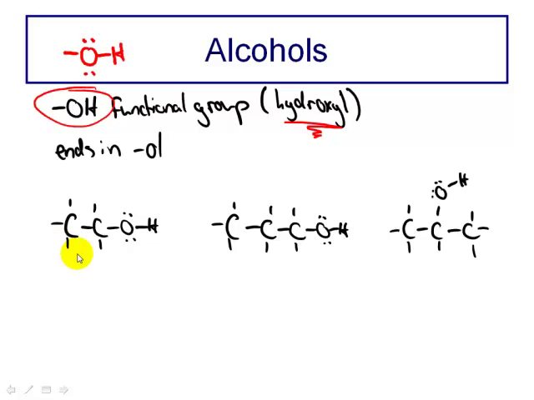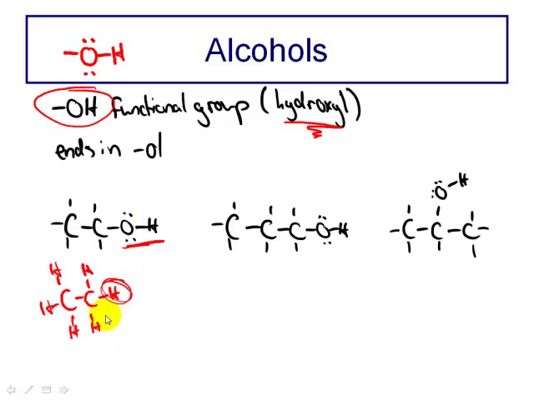Now, this guy right here is a simple one. If you look at it structurally, it's very similar to this hydrocarbon right here, called ethane, right? You can think that if I take this and chop off that hydrogen and replace it with the OH, that would give me this alcohol right there. So when I name this guy, here's how it goes.